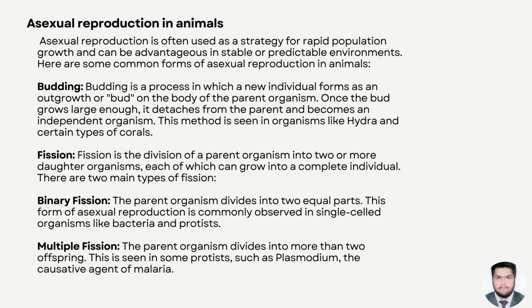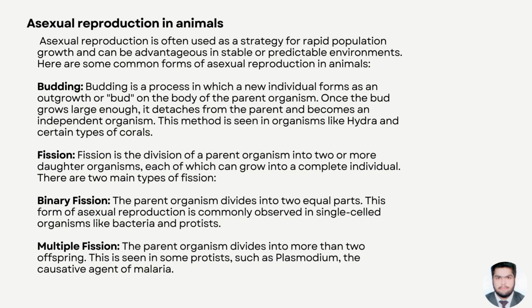Point 2, fission. Fission is the division of a parent organism into two or more daughter organisms, each of which can grow into a complete individual. There are two main types of fission. Point 1, binary fission. The parent organism divides into two equal parts.